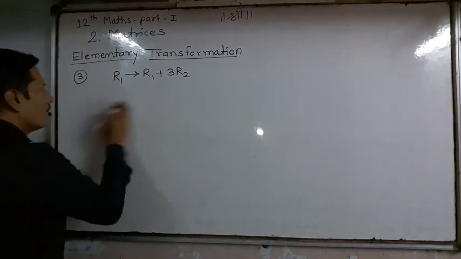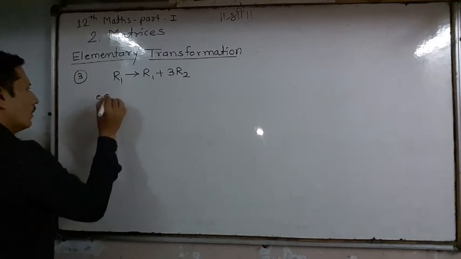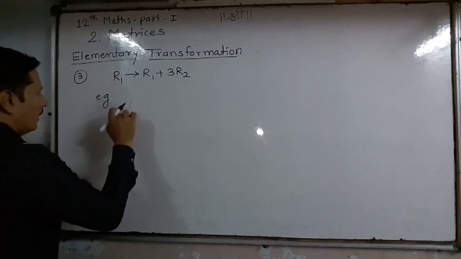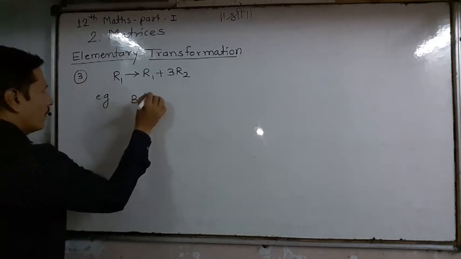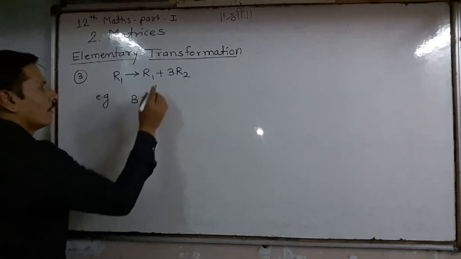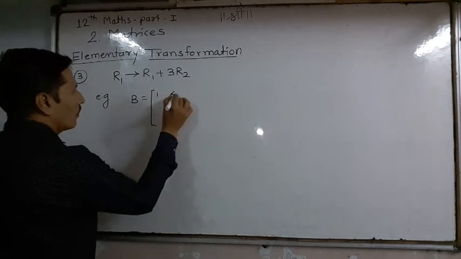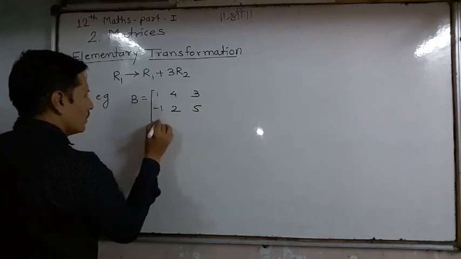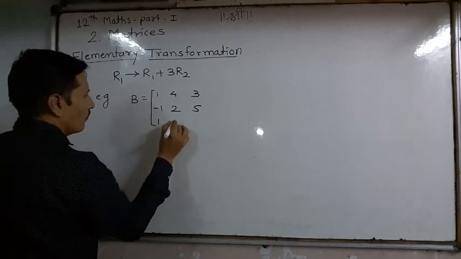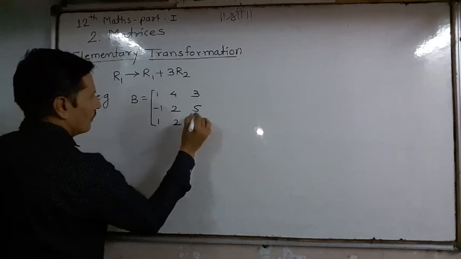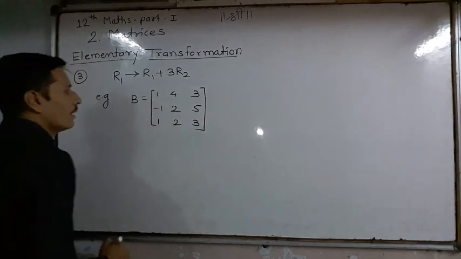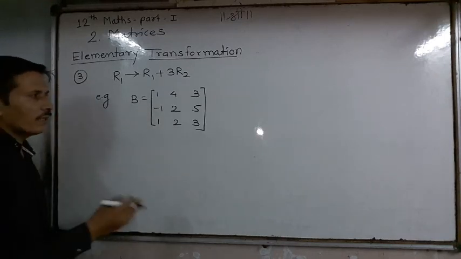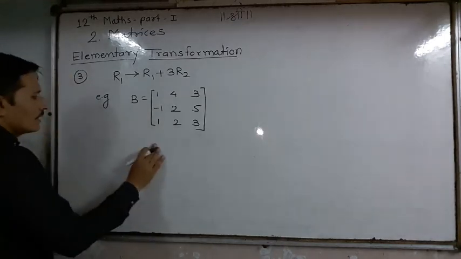So now we can learn this transformation by taking an example. Suppose we take matrix B, and it is 1, 4, 3, minus 1, 2, 5, 1, 2, 3. Now we have to apply a transformation on this B matrix.